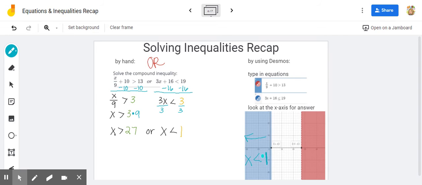I am a dotted line, so no underline underneath me. On Desmos, I see that from this point of 27, I'm shading to the right, which means that x must be greater than 27. And since this is a dotted line, it should be just greater than, no underline underneath. So that's one way you can look at it. By the way, that kind of looks like the French flag.